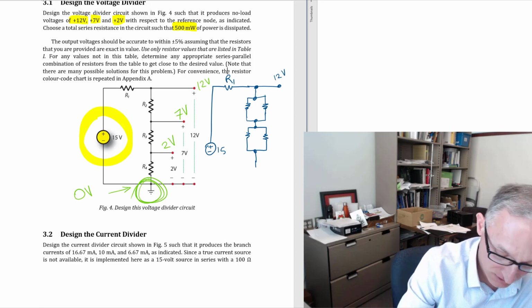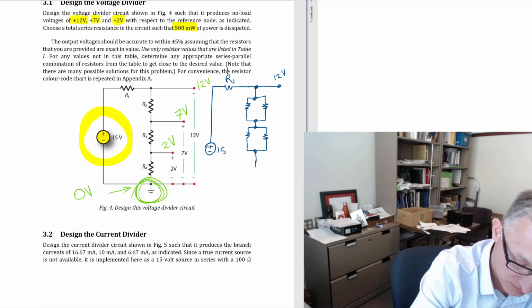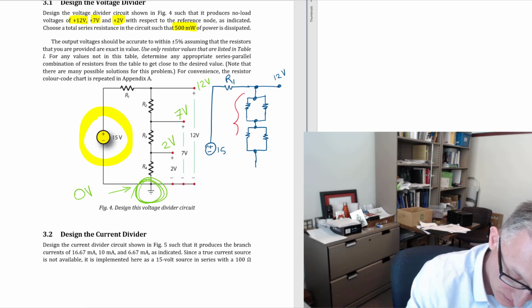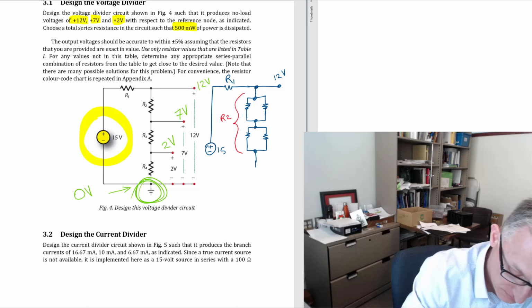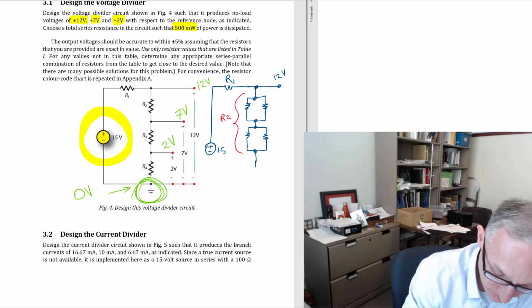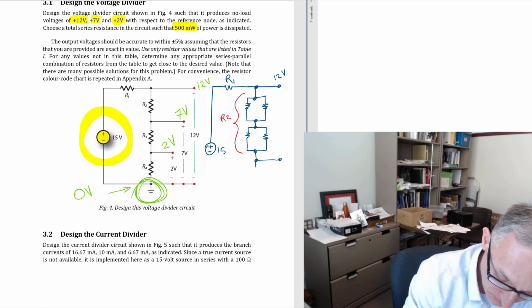Let's say in red, all of these can be R2, and then this point here will be the 7 volts. And then you can have another similar structure, and I don't know if it's going to be a structure like this.